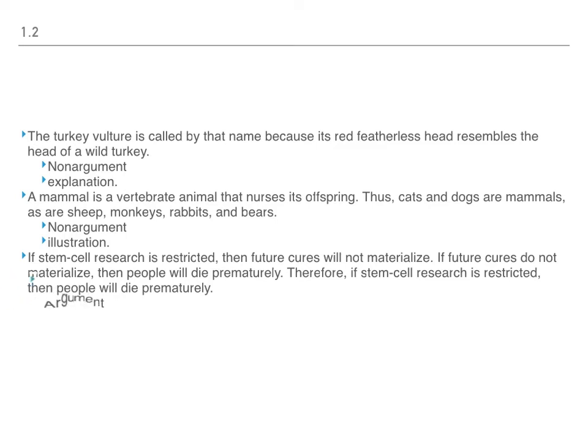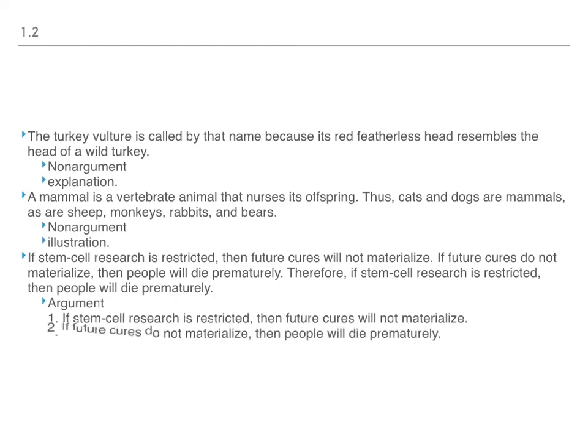The other two sentences are the premises of this argument. So representing it in standard form, we would number the premises. So now I'm switching to the more standard form, and the way I would do it is just leaving the P off and just numbering the premise. So the first premise, following the order in the text: if stem cell research is restricted, then future cures will not materialize.